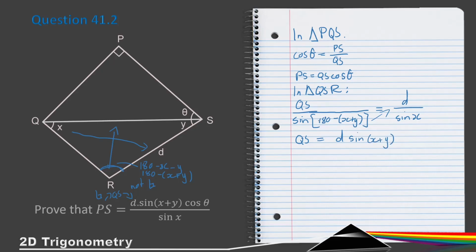It stays positive because 180 minus the angle is in sine's quadrant, and then that's over sine of x. So this I can substitute in there. So PS is equal to d sine x plus y over sine x times cos theta.